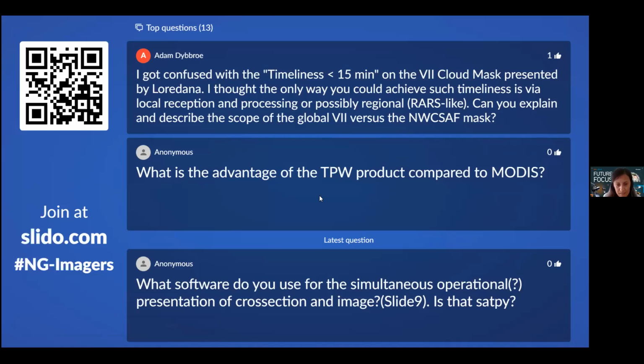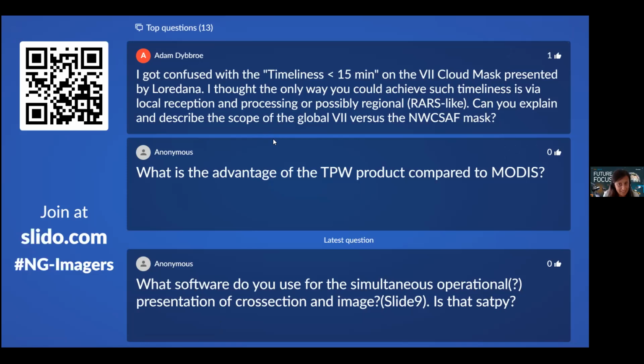This mask is produced as fast as possible in order to be an input for the processing of these other products. Within 15 minutes of the acquisition of one radiance granule from VII, which is only 1 minute of data, we process it and use it for the processing of other products in the chain.